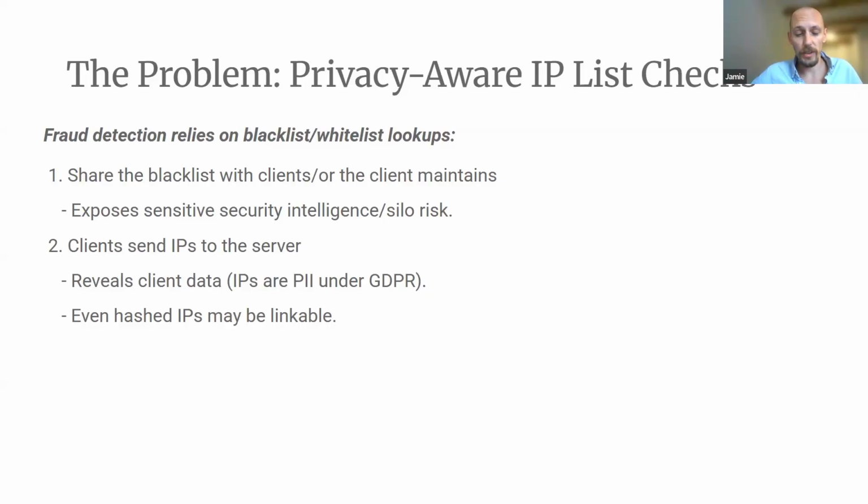Another version is that the client sends the IP address to the server or service, and then we do the check and report whether it's a hit or a miss. In that situation, the concession is that we have to handle the personal information, the IP address.